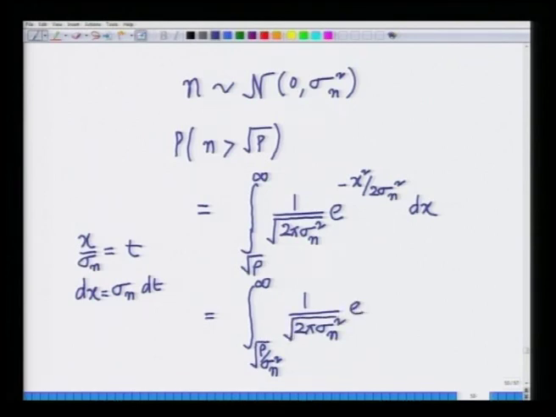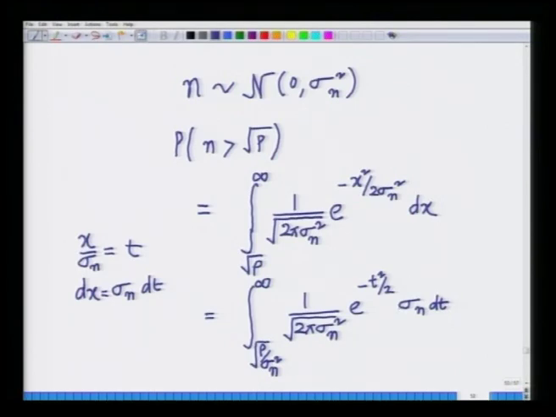e power minus x by sigma n is t. So, x square by sigma n square is t square. So, this is simply e power minus t squared by 2, and dx is sigma n dt.